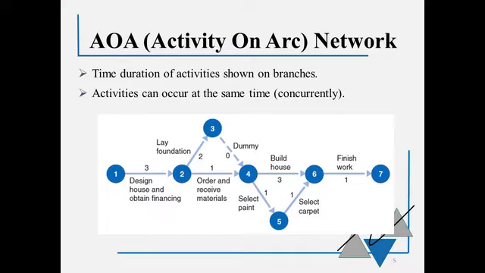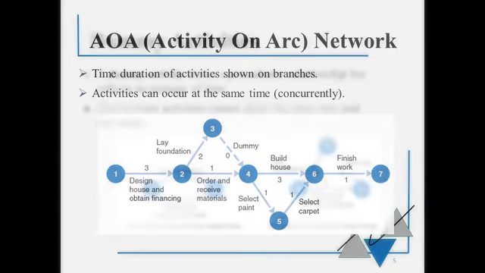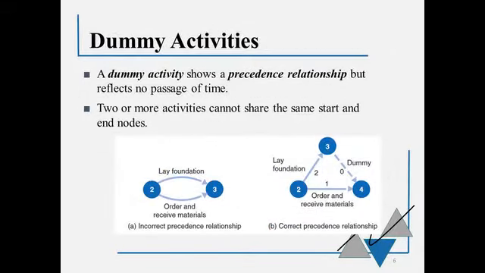And the first one is called an AOA Network, which stands for Activity on Arc. Or in other words, the activity name and the time duration is shown on the branches, and we are allowed to have activities occurring at the same time. You may have noticed on that earlier picture something that was labeled as a dummy activity.